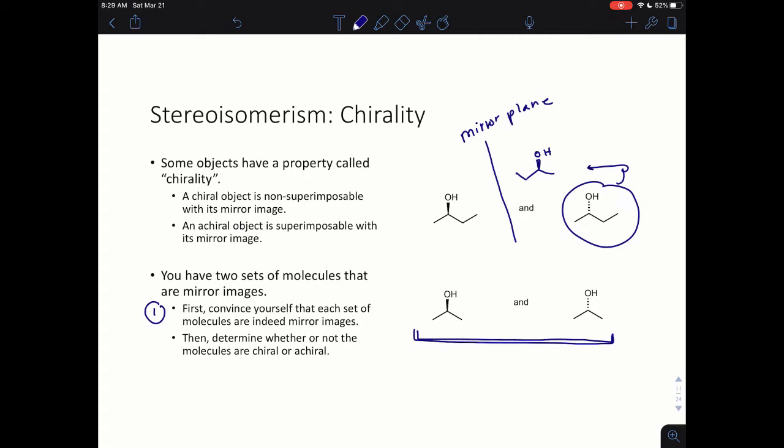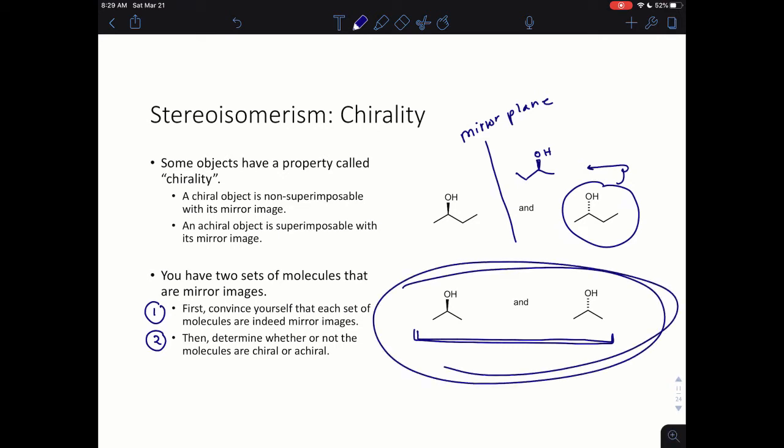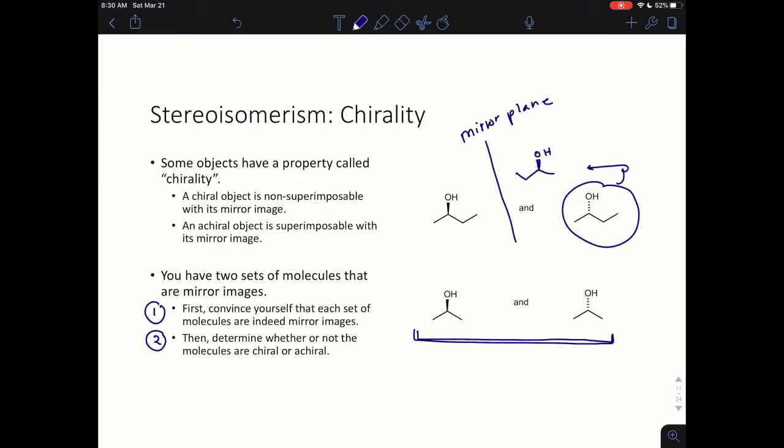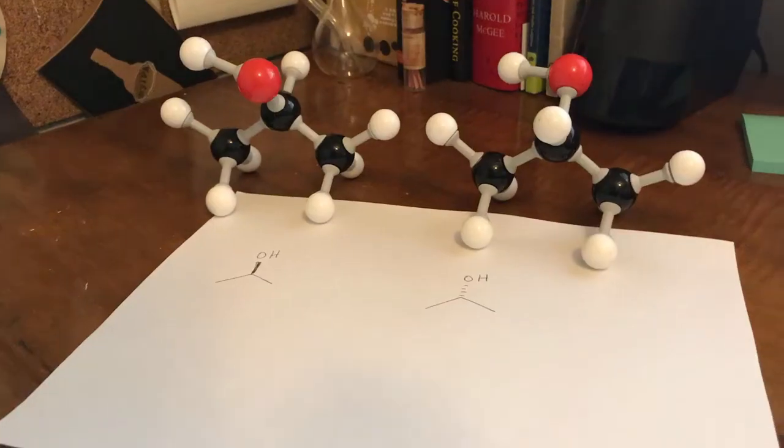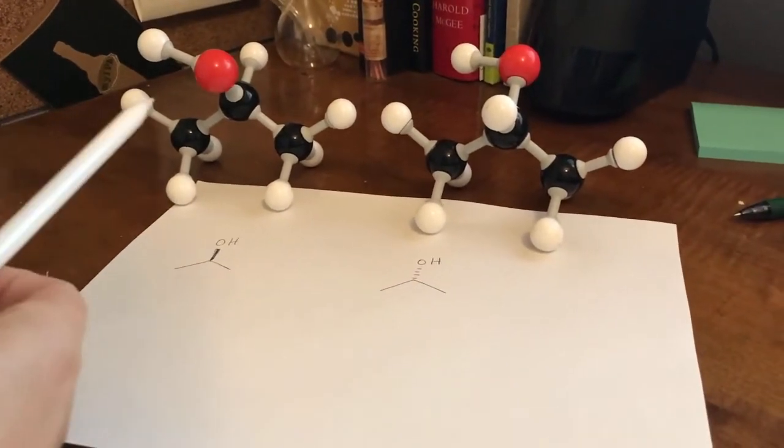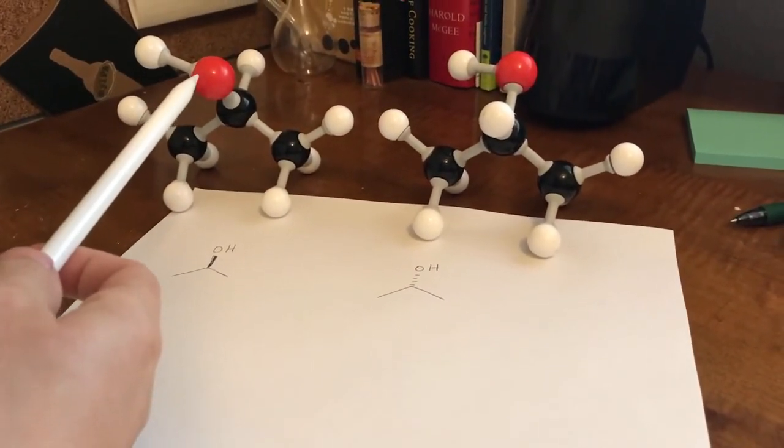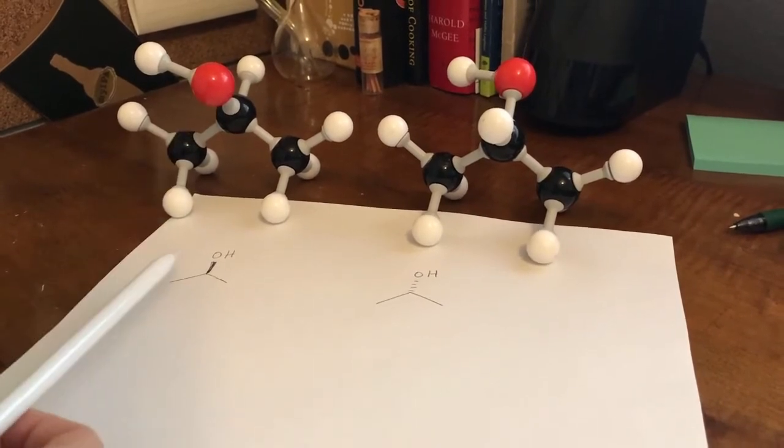All right, so now you need to try for these, which are isopropanol. You need to try now and determine whether or not these molecules are chiral or achiral. So on the left, I have propanol where the hydroxyl is coming out at us.